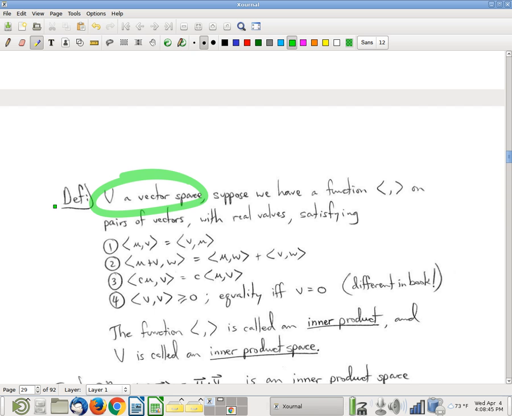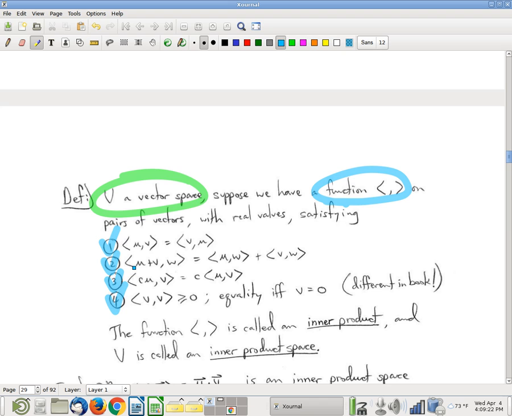But in addition to that, if you also have an operation that we'll use triangular brackets to represent, and if that operation satisfies these 4 properties that are just rip-offs of the 4 properties on the previous page, saying it behaves like the dot product, then now we have a vector space with an additional algebraic structure.